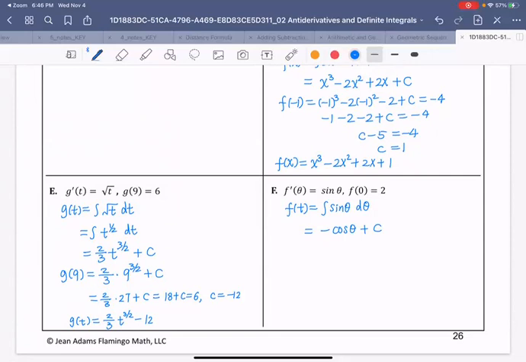Negative cosine 0 plus c equals 2. Cosine 0 is how much? 1. So -1 plus c equals 2. C equals what? 3. So f(theta) equals 3 minus cosine theta.